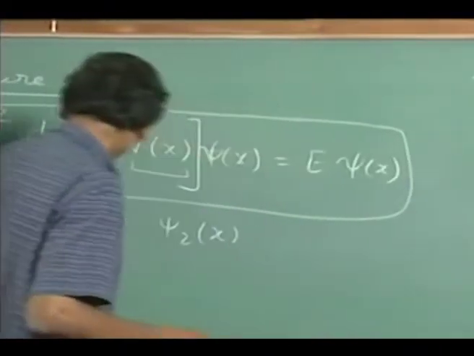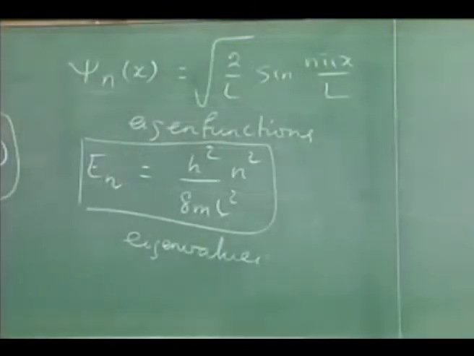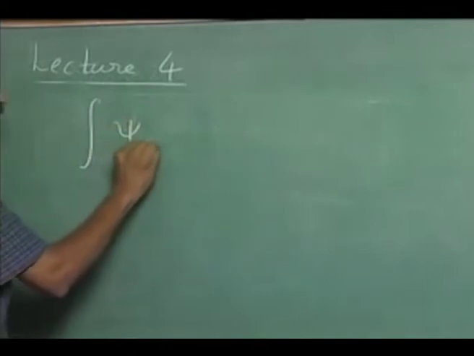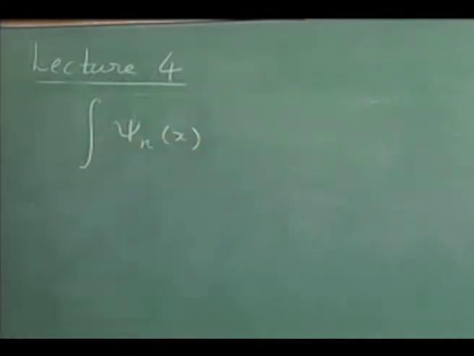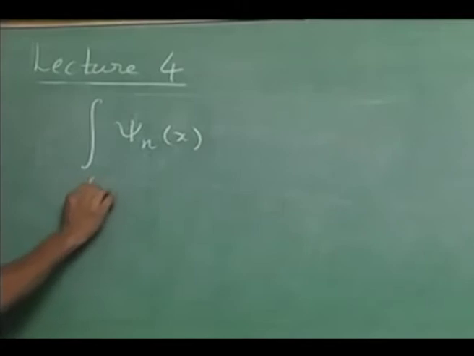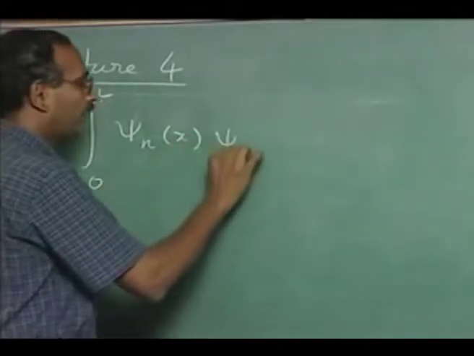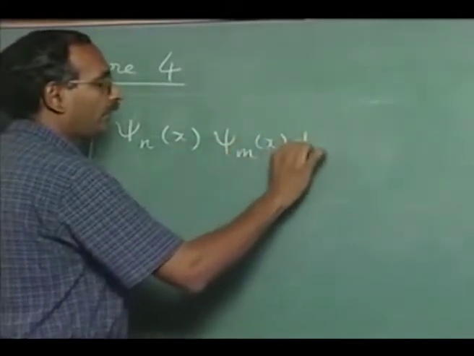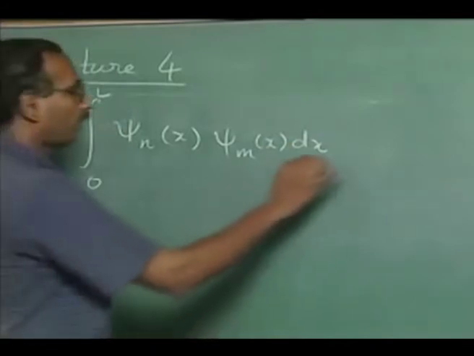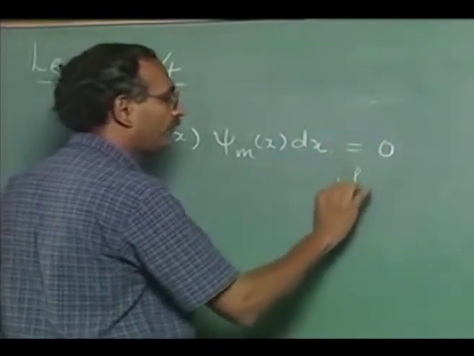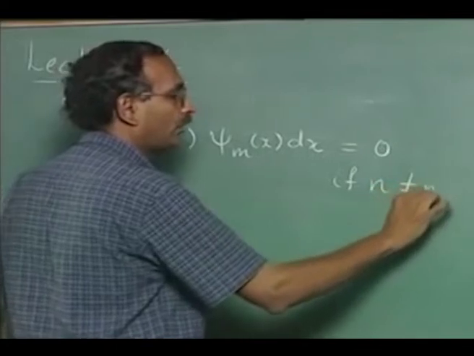The definition of orthogonality in this case is that the integral of a wave function psi n of x, which is an eigenfunction of the Hamiltonian for a particle in a box, with limits x equal to 0 to x equal to L, times psi m of x dx, is 0 if n is not equal to m.